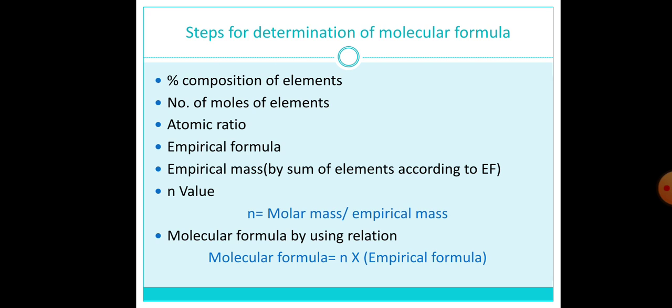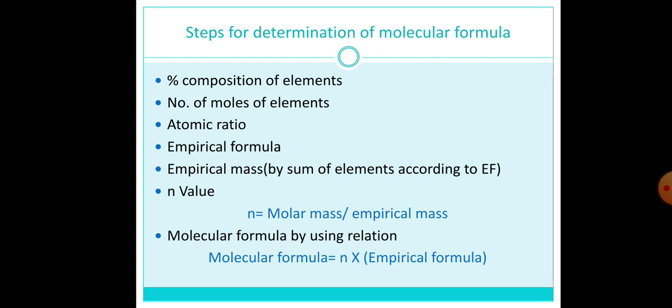Empirical mass is determined by the sum of the masses of elements which are present in the empirical formula. Then n is molar mass over empirical mass. After the n value, we multiply this n value with the empirical formula. Then we come to know the molecular formula.